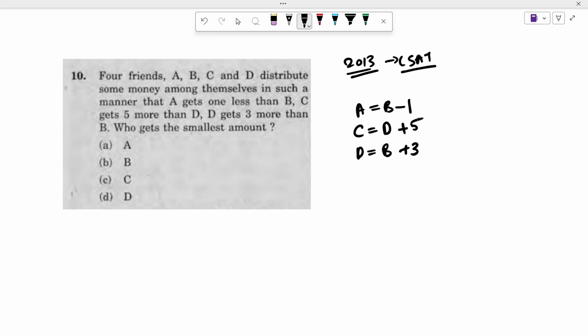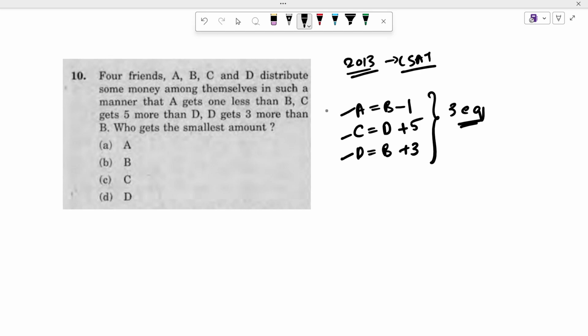Okay. Now we need to substitute or represent each equation. So we have got 3 equations, right? What we need to do here is represent each term, that is A, C, D, in a common term, that might be in the form of B, right?